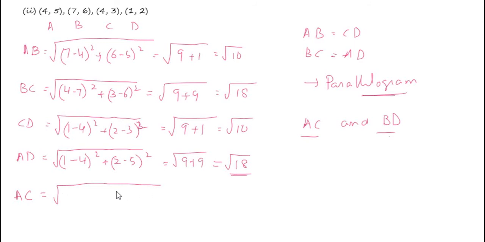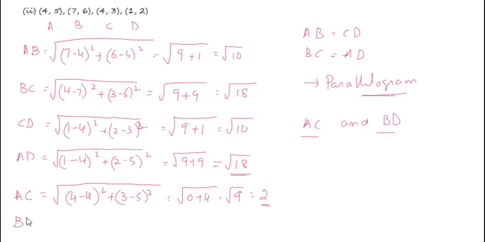So AC is square root of 4 minus 4 whole square plus 3 minus 5 whole square. This is 0 plus 4, so square root of 4 equal to 2. The length of AC is 2.